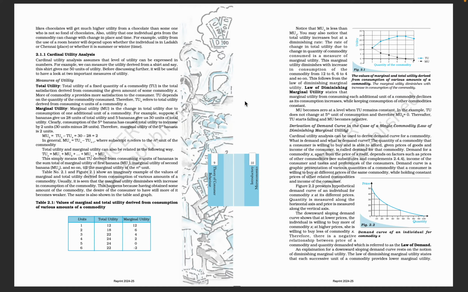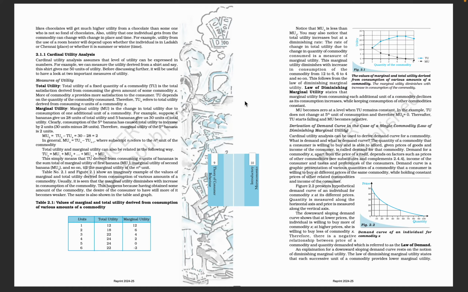Therefore, marginal utility of the 5th banana is 2 units. MU5 equals TU5 minus TU4 equals 30 minus 28 equals 2. In general, MUn equals TUn minus TUn-1, where subscript n refers to the nth unit of the commodity.